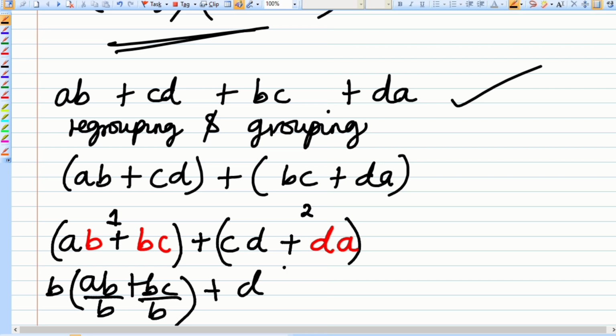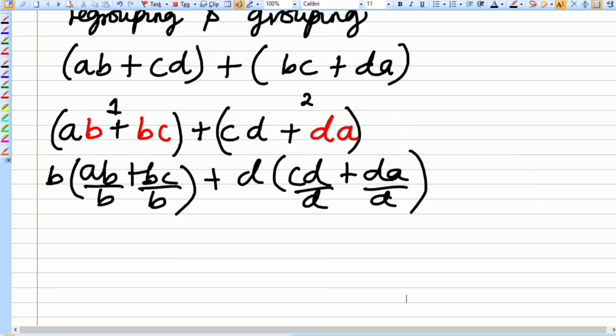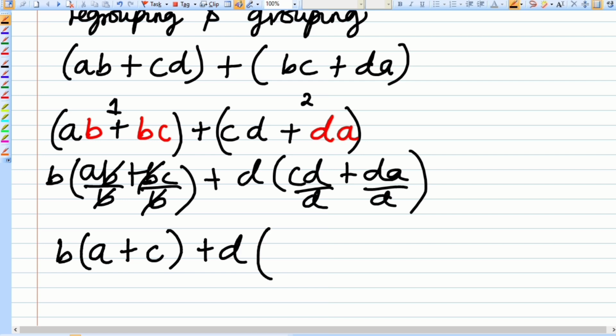D. So we have D into (CD plus DA), divided all by D. So let's simplify. Our final answer is going to be B into, B will cancel B there, so we have A, plus B will cancel B there, we have C. Here D will cancel D, we have C, plus D cancels D, we have A.